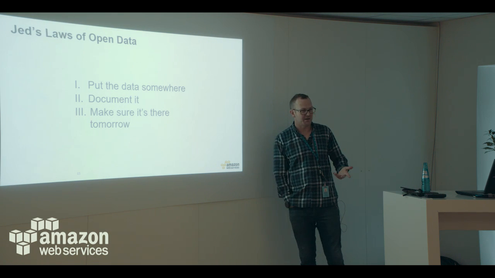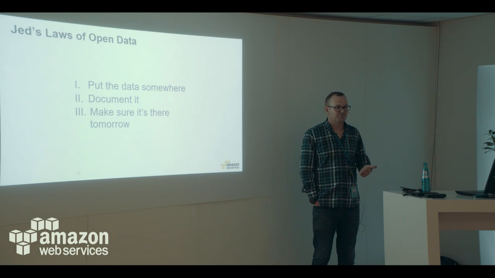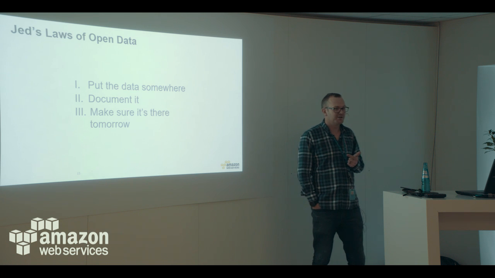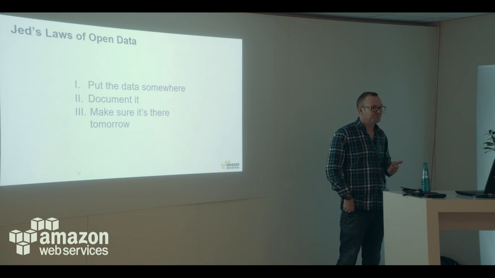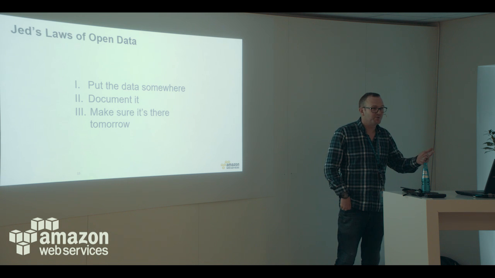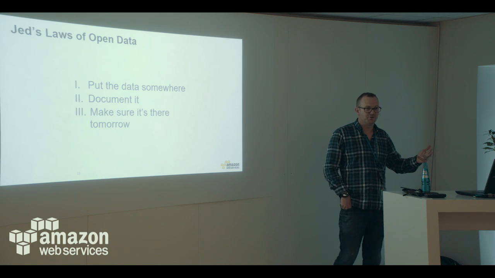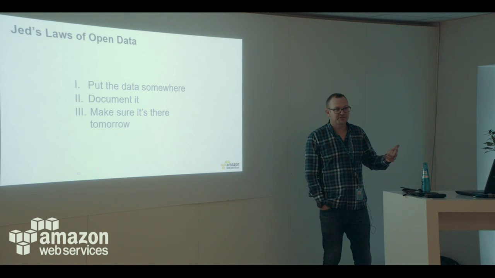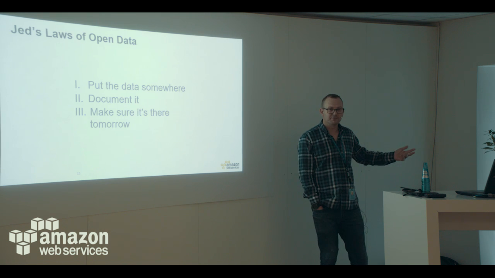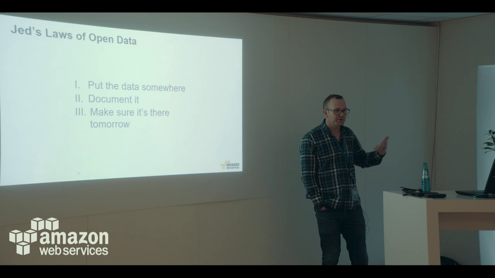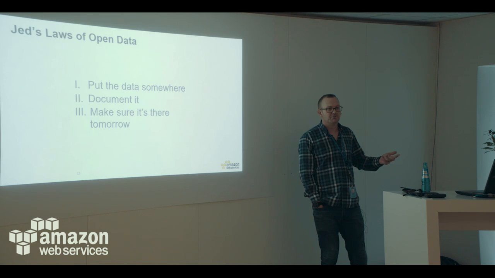So we have these three laws of opening data. This is what I call Jed's laws. Jed is my colleague that runs the open data program in the company. And it's really simple. Put the data somewhere, tell people what it is, and make sure it's there tomorrow, right? And then, Transport for London did a really good job of their open data sets, but it was very planned and meticulous, right?